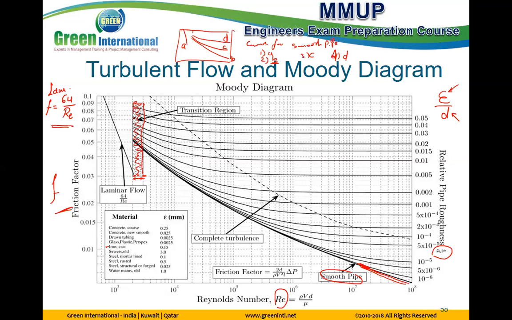Only between these is the transient. After this line, it is turbulent. Actually, we cannot consider it turbulent right after laminar; we consider it transient.